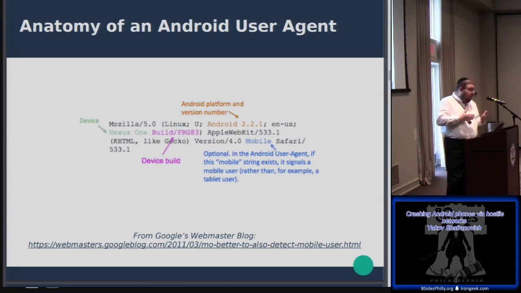The problem is you don't actually know what the user is running exactly. Custom ROMs are not part of this because custom ROMs have their own way of doing user agents. I'm just talking about things that are off the shelf. The device, that's the next piece. The user agent will tell you what the device is.